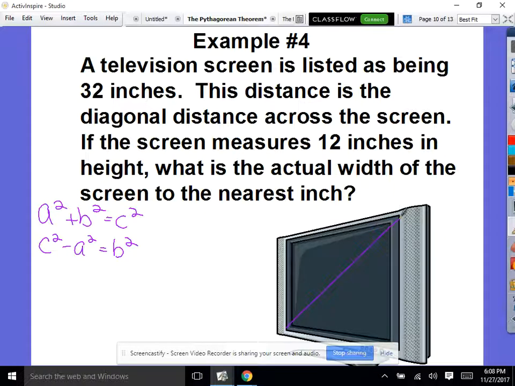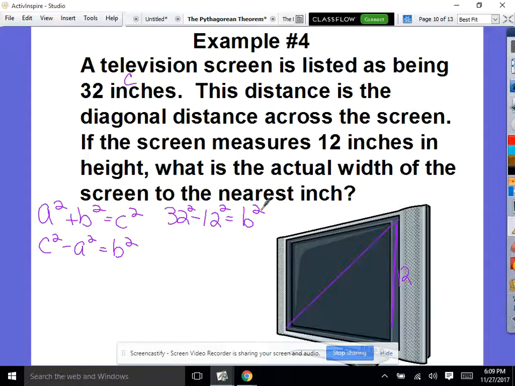That's my hypotenuse. So this is C. If the screen measures 12 inches in height, how wide is it? Well, since they give us C, we can do 32 squared minus 12 squared equals b squared or a squared.